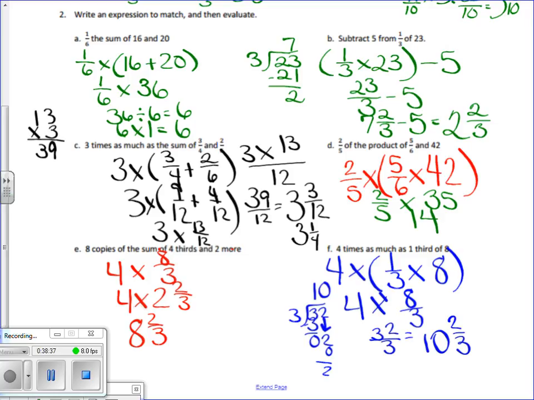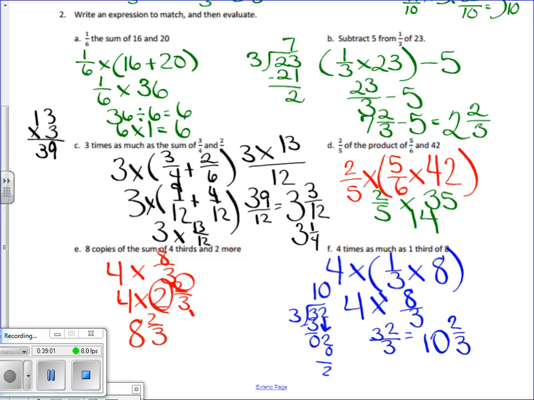Nothing personal. It would be because I haven't truly taught you how to multiply this way. If you're going to multiply like this, it really is easier. But if you're going to do it, you have to multiply 4 times the whole number, 4 times the numerator.